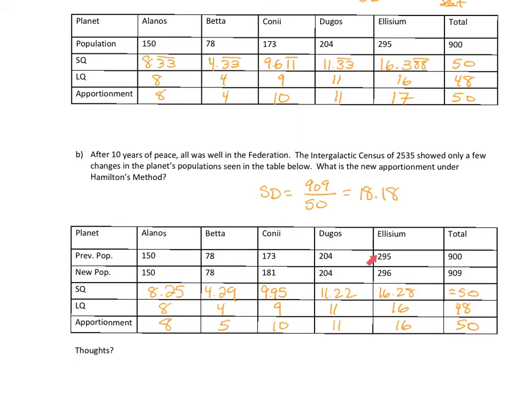And then E, their population grew and they went from 17 seats to 16 seats. So E is definitely mad. Very mad, right?